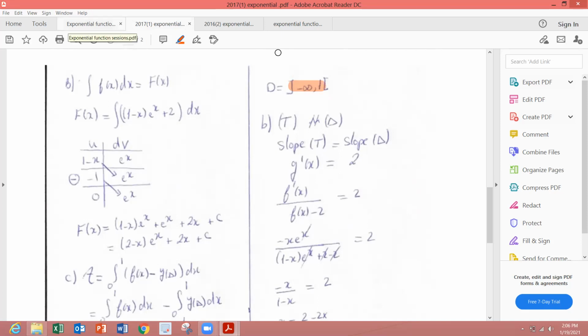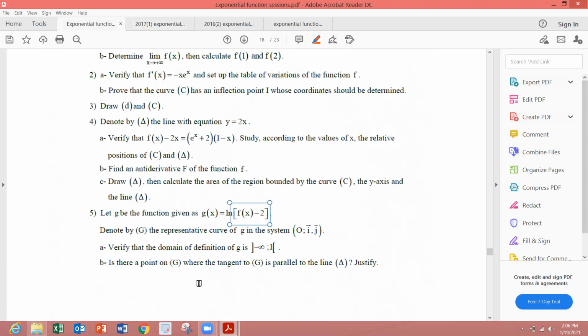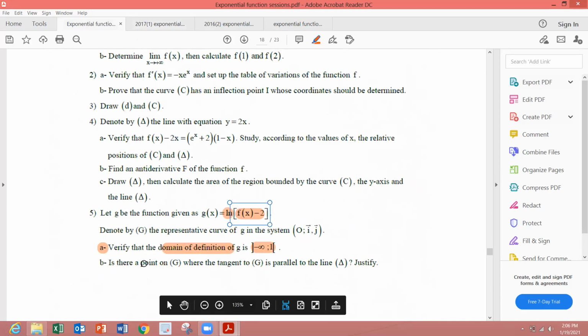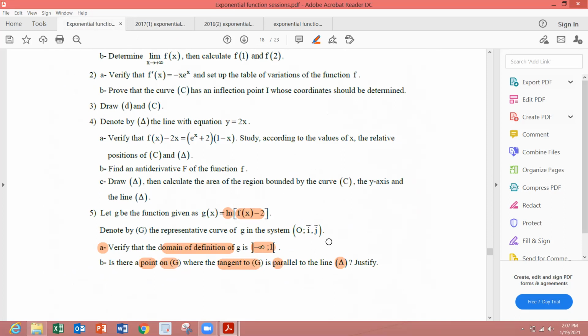The last part. Is there a point on g where the tangent to g is parallel to delta? We are going to determine a point on g where the tangent is parallel to delta. How to start with this exercise?